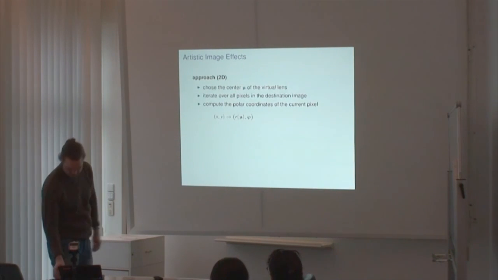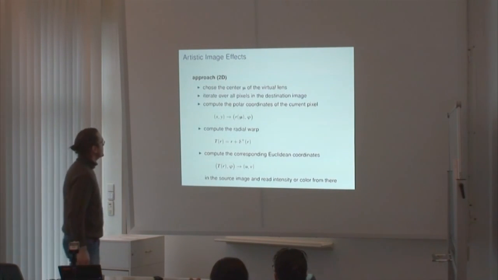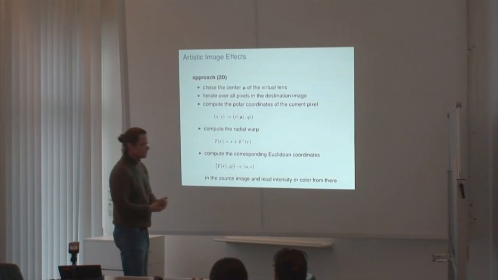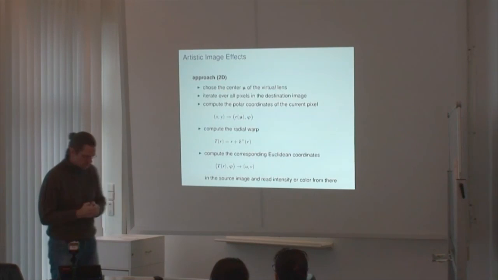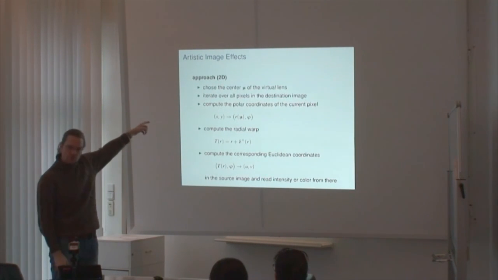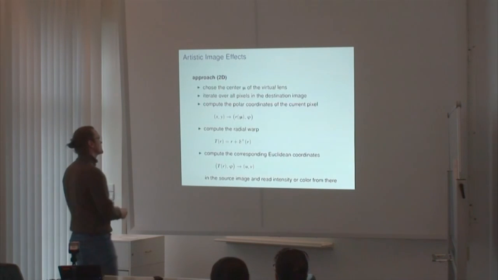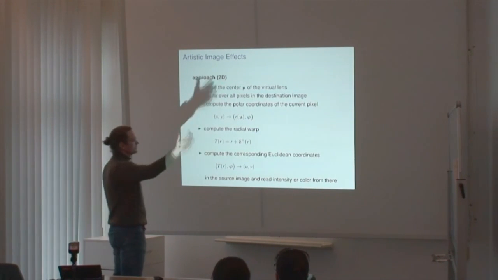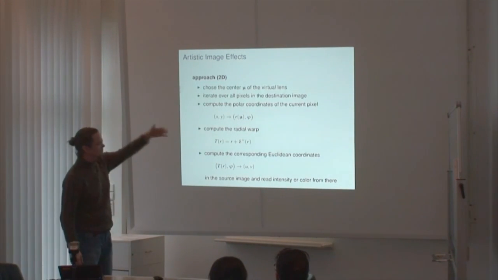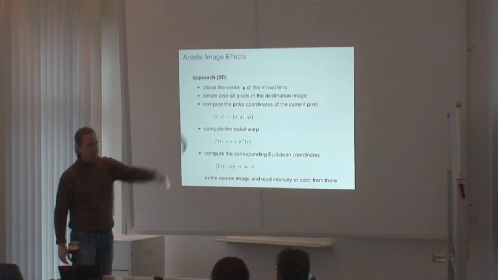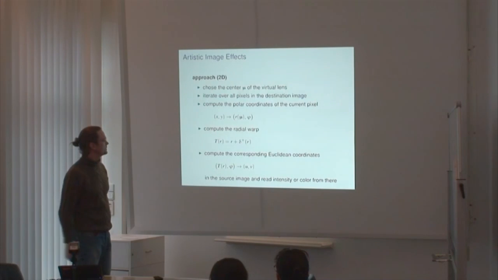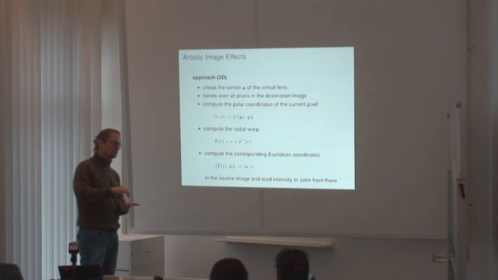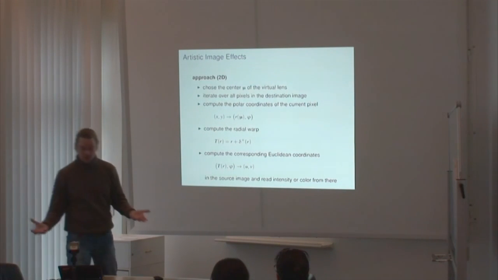How do we compute these things? Once we have decided for a function t, now we can localize the lens. We choose a center mu, the center point of this lens, and then we apply a pull warp. That is, we iterate over all the pixels in the new image. For each of these pixels, this is what you will find in the literature: they go to polar coordinates.